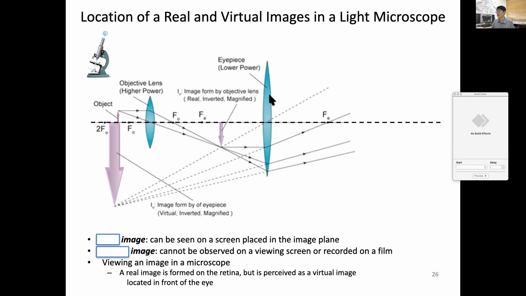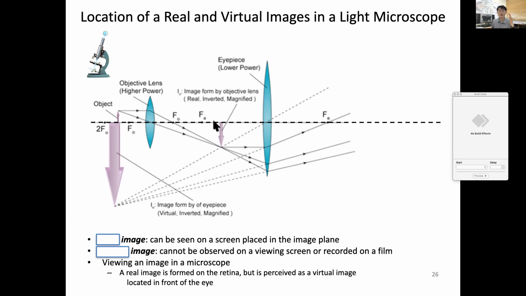Let's assume this is an eyepiece over here. The eyepiece has this focal length, but the trick here is the image should be formed at a distance smaller than this f of the eyepiece, and that's the point. Then why is this important?